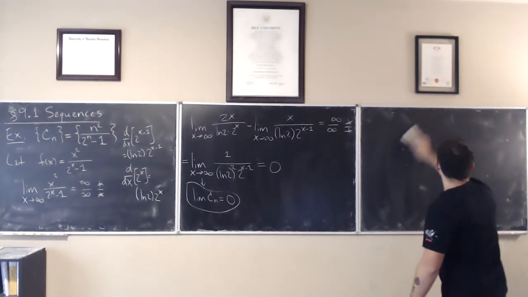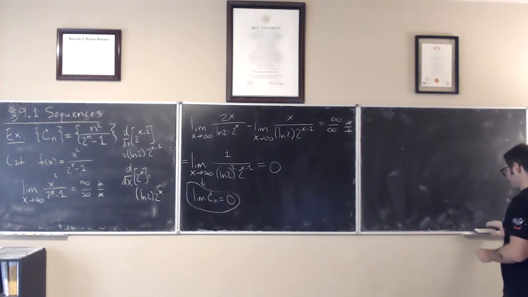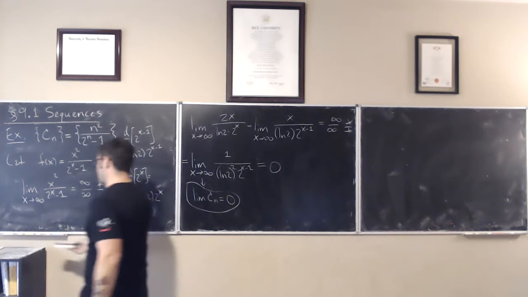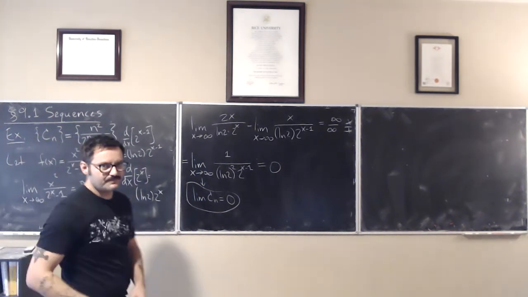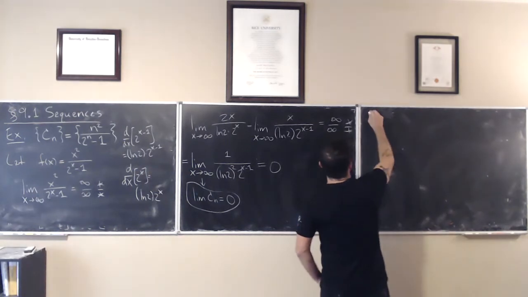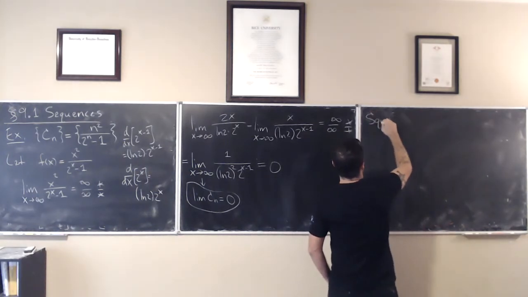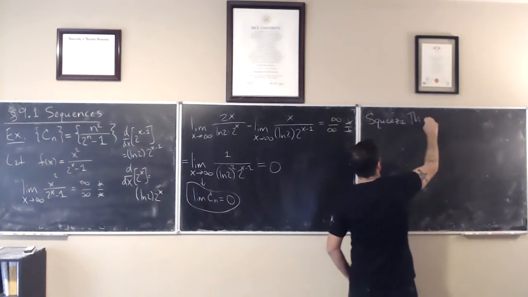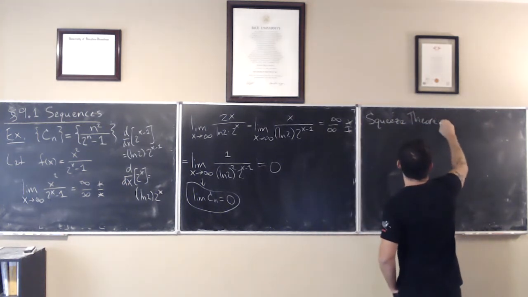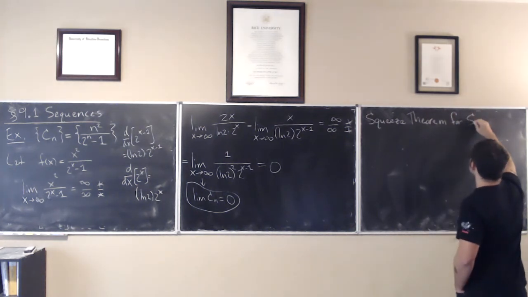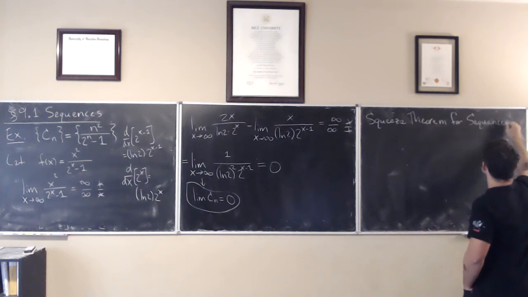For example, if any of you remember the Squeeze Theorem from Calculus 1, there's an analogous Squeeze Theorem for sequences, obviously because sequences are still functions. So just write it out formally, Squeeze Theorem for sequences. It's a little bit different, but it's still the same concept.